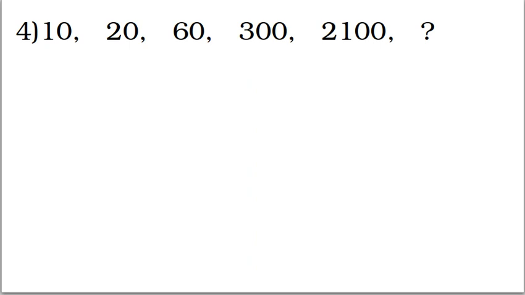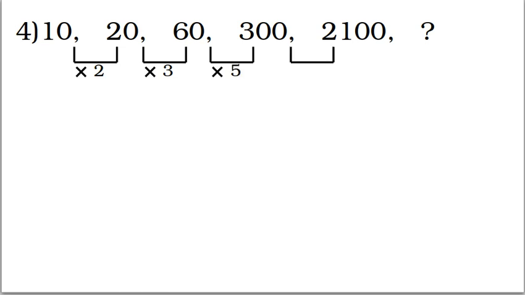10 and 20. 10 when multiplied by 2 gives you 20. Is 60 a multiple of 20? Yes. 20 into 3 gives you 60. Can we relate 60 and 300 in the same way? 60 into 5 is 300. 300 into some number should give you 2100. 300 into 7.